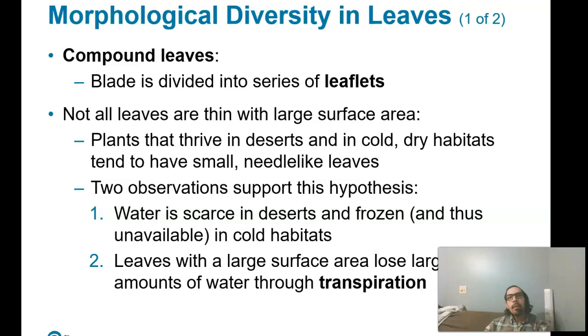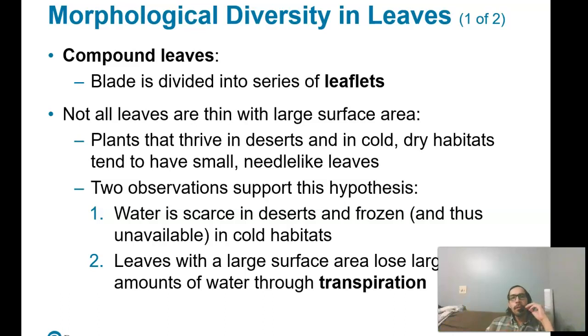But there are some examples of leaves where not all the leaves are large or thin with a large surface area. So like the pine example, these are adapted for areas that have very little water. So either deserts or cold environments, because in those environments the water is frozen, so it's not available to the plants.